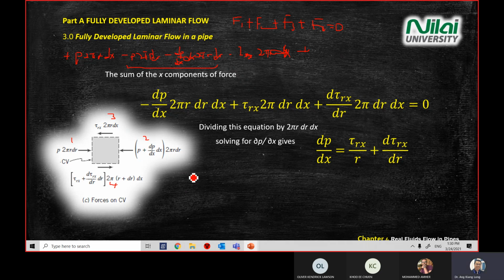So you have shear plus d shear divided by dr. dr is a quadratic equation. 2 pi r plus 2 pi dr times dx. So it's a very lengthy equation. Yeah, you expand this whole thing, right?